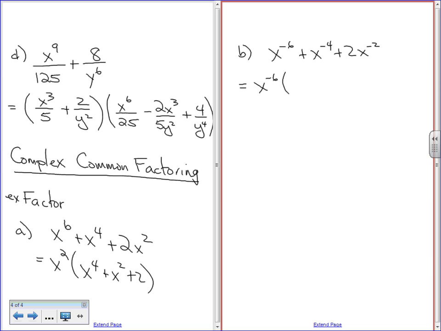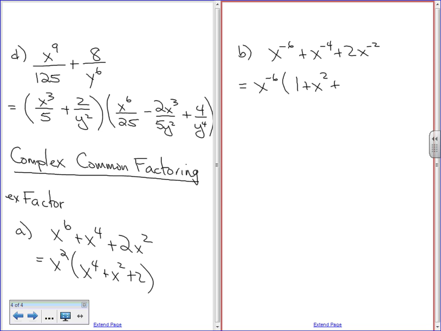Now to fill in your remaining term, you say to yourself, x to the negative 6 times what will give me x to the negative 6? What would that be? Then x to the negative 6 times something will give me x to the negative 4. So now you're adding powers with the same base. You want an exponent that when you add it to negative 6, you get negative 4.